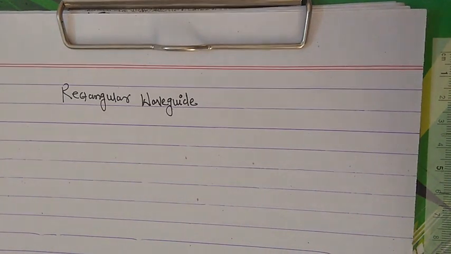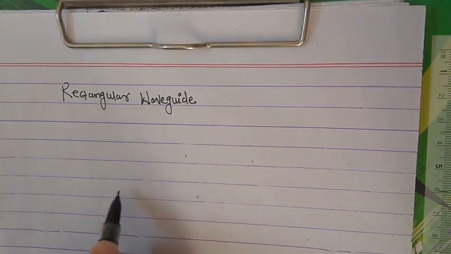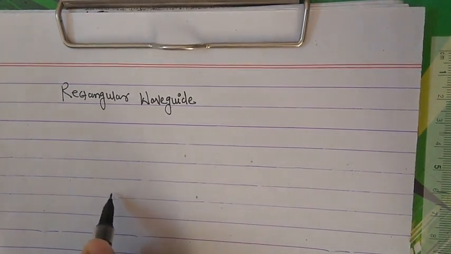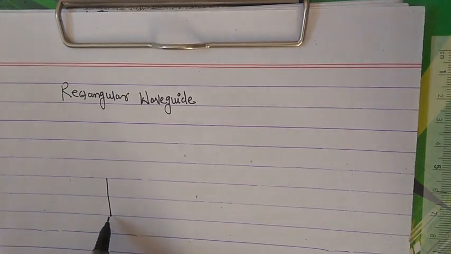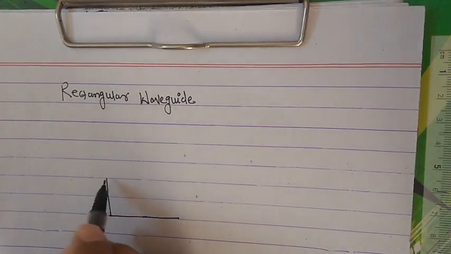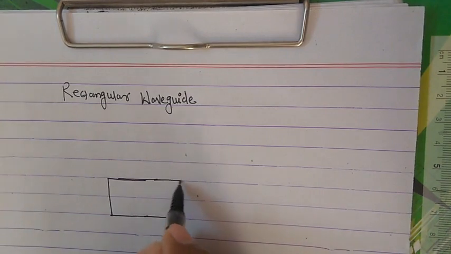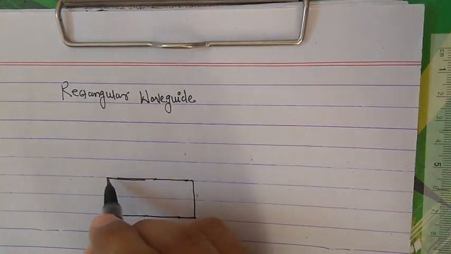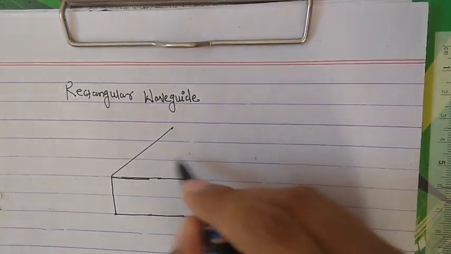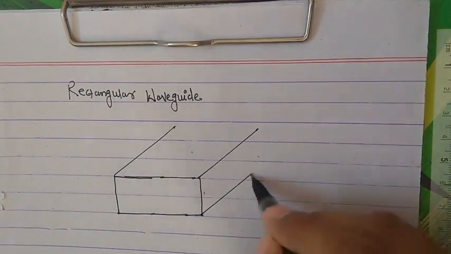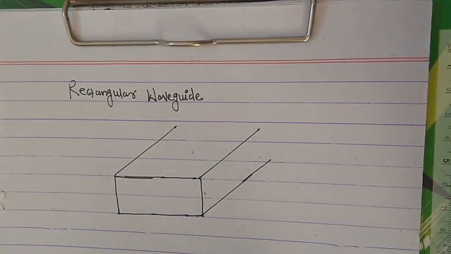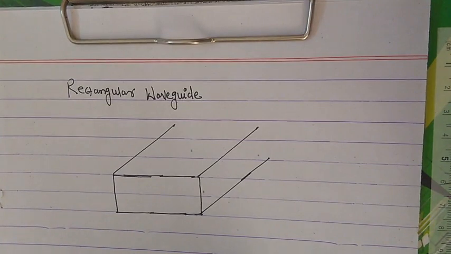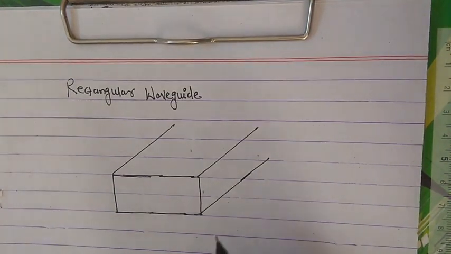The shape of the waveguide is rectangular. So this is a rectangular waveguide.